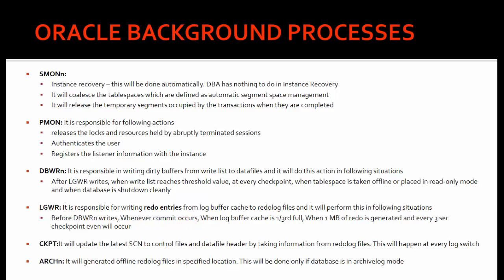Those small empty spaces are not enough to store new data. What tablespace coalescing will do is combine all those small empty spaces within the tablespace to create a big free space.